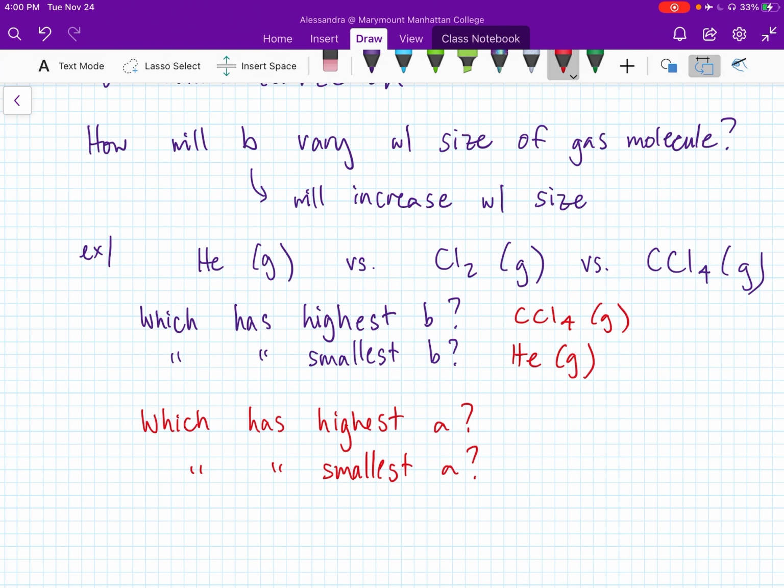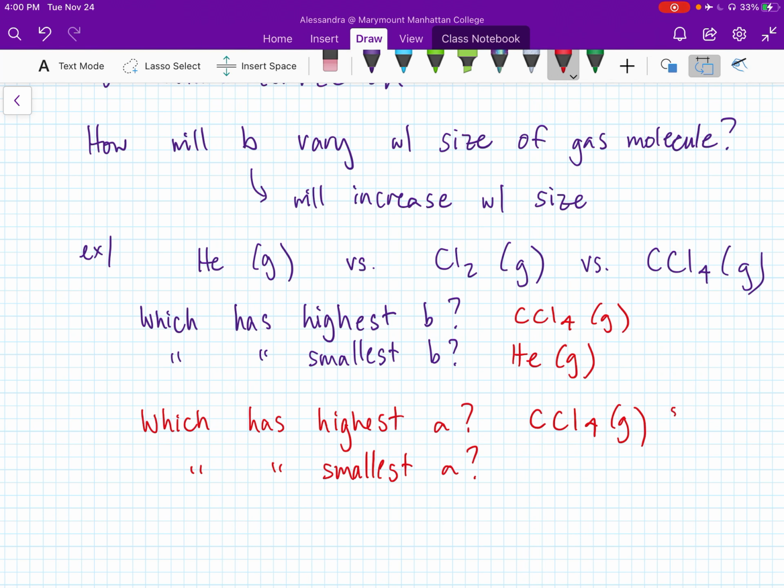So the molecule with the strongest intermolecular forces is going to have the highest value for A because it's going to have the most interactions between particles. So it's probably pretty safe to assume that the largest A is going to belong to carbon tetrachloride because it's the largest of these molecules.